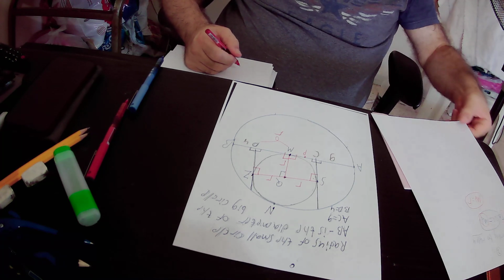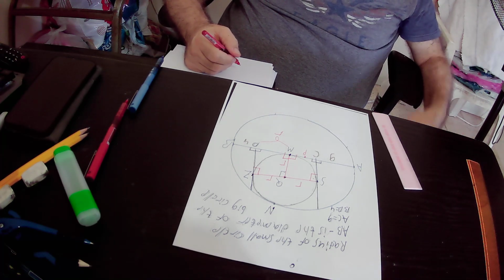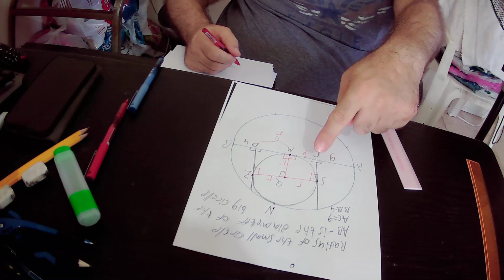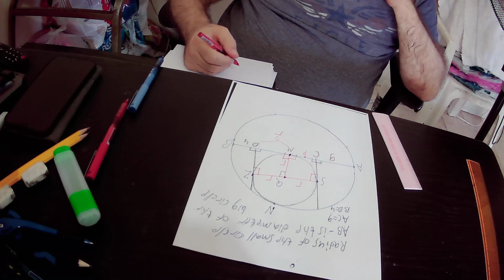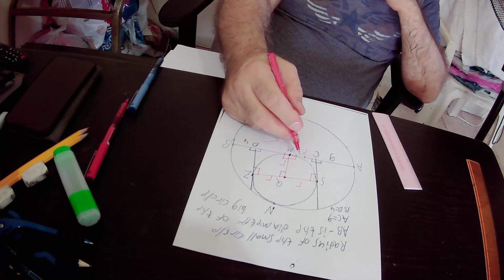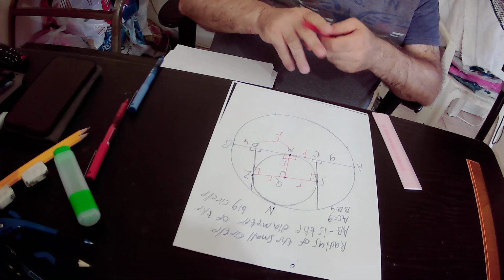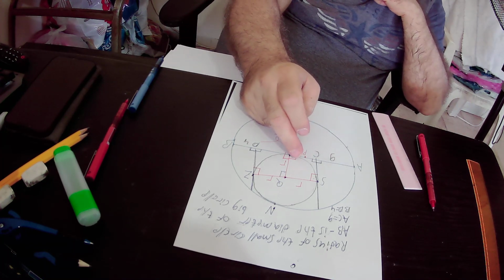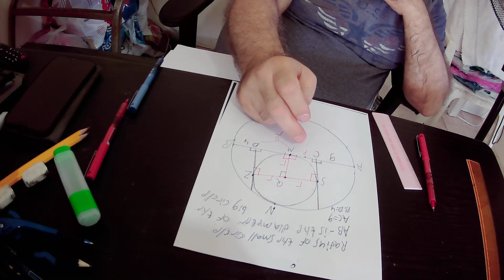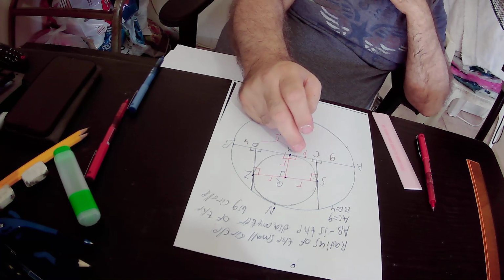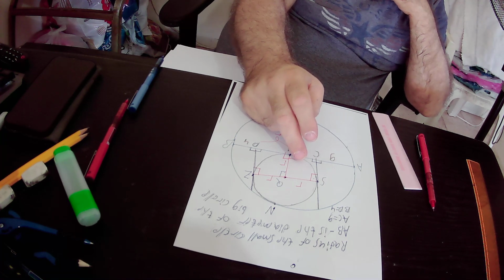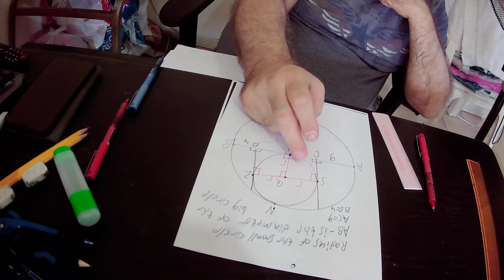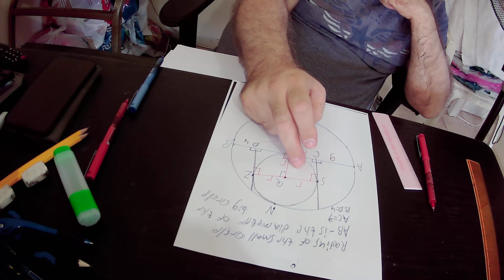So we will repeat the same process on quadrilateral SQCM. On quadrilateral SQCM, we have three right angles, 1, 2, 3. And according to rule number 2, the sum of the angles of a quadrilateral is equal to 360 degrees.